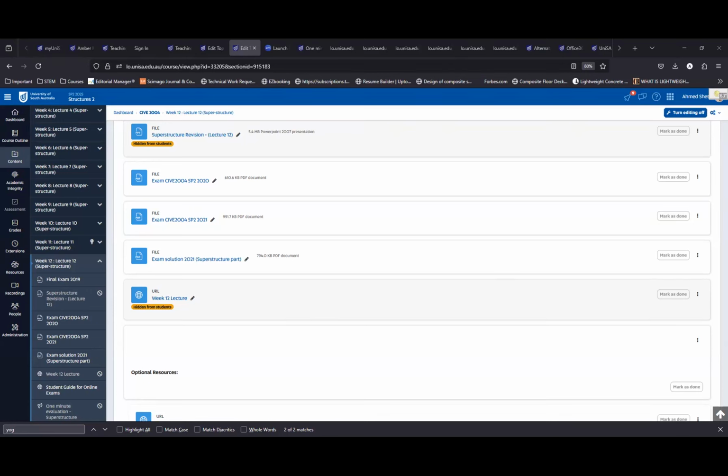And for columns, so this question one, part two, number three, column design.